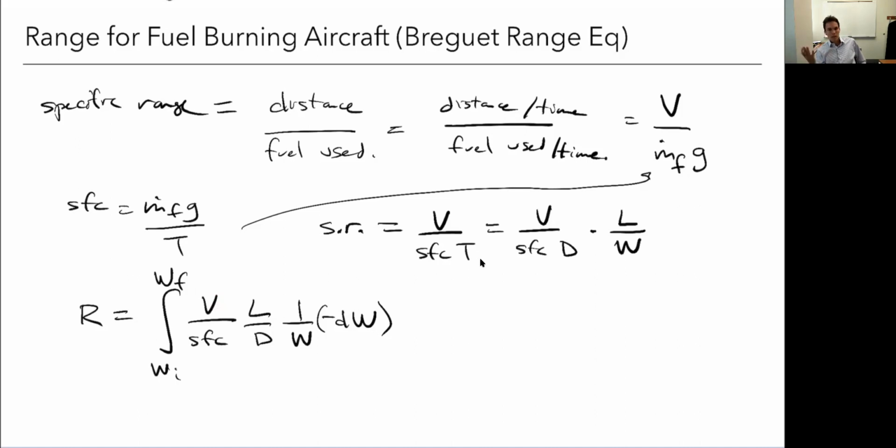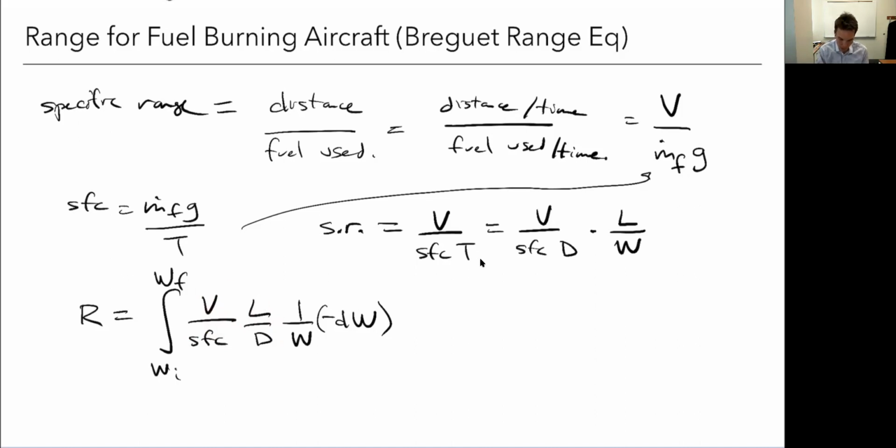And we often want to fly close to constant Mach number, and if we're close to the isothermal part of the atmosphere, that means constant speed, so that may not be so bad. SFC will vary somewhat with altitude, but again, at this stage, we'll approximate it as constant. And if we're at constant CL, then our L over D will remain roughly constant as well. So this isn't too bad, again, for preliminary design.